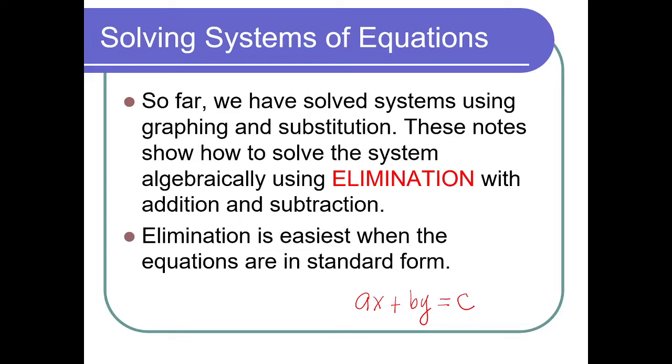So it could be 3x plus 4y equals 9. So that is in standard form. It's because x comes first, followed by the variable y, equal to the constant term. So take note, that will always be the format when you do elimination. It should be in standard form.